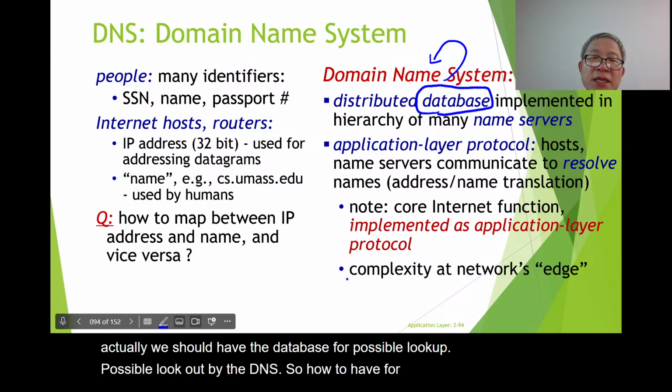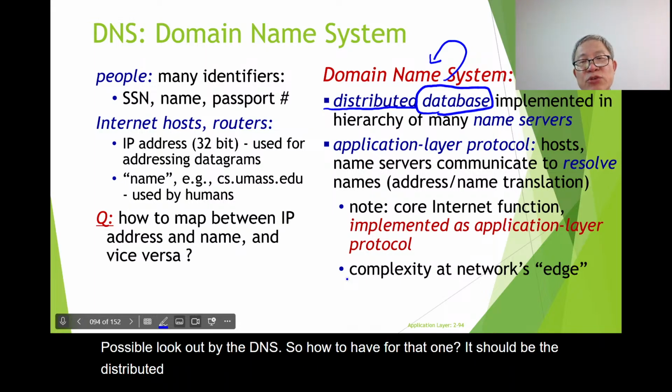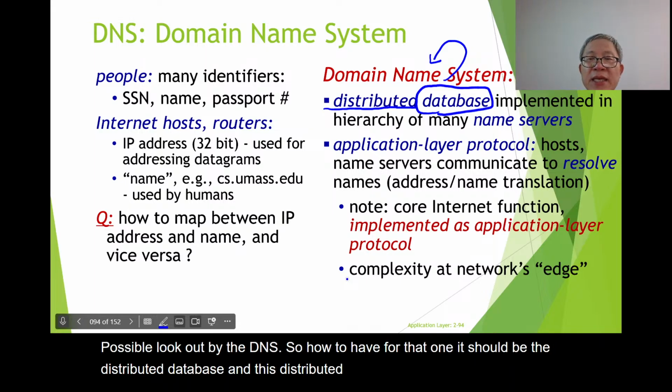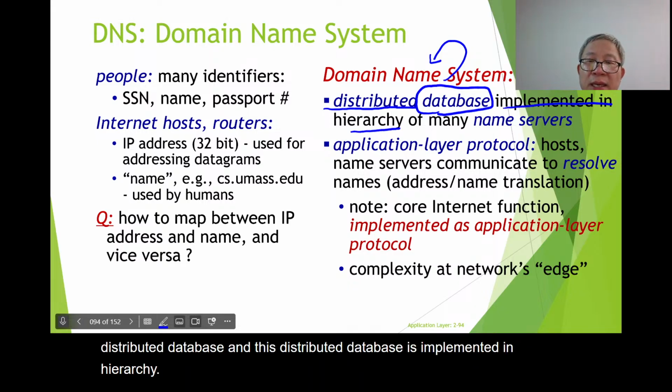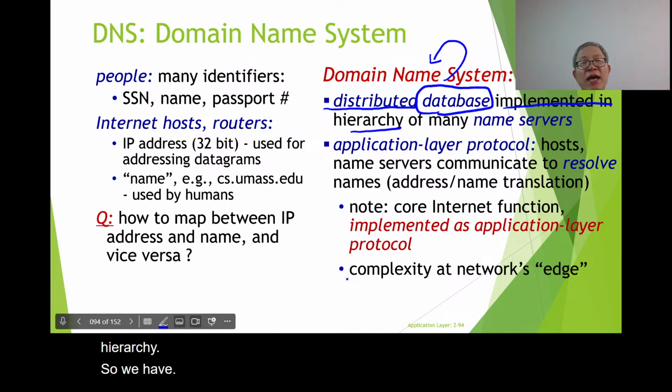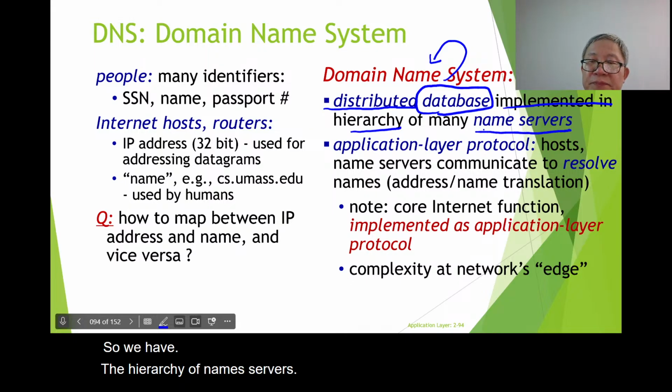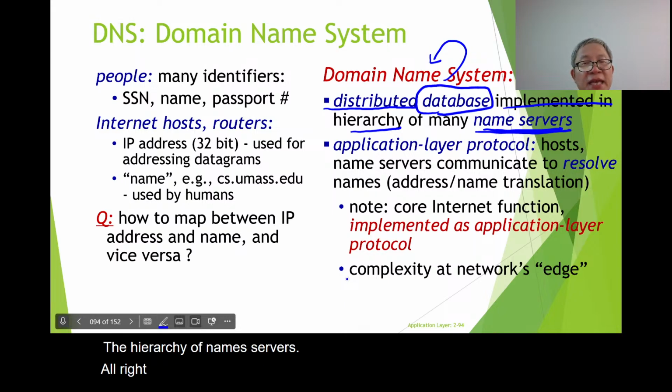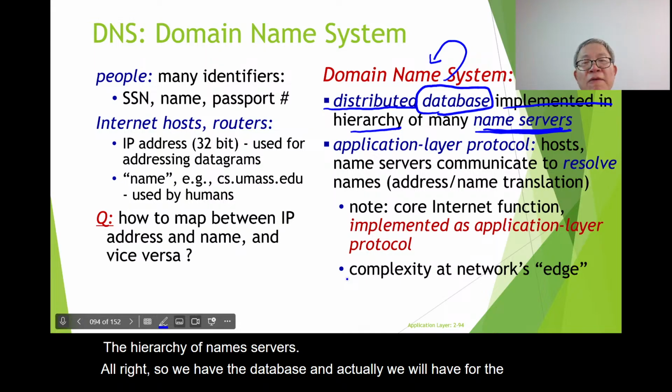It should be a distributed database, and this distributed database is implemented in a hierarchy. So we have the hierarchy of name servers. All right, so we have the database, and actually we will have a hierarchy of multiple name servers.